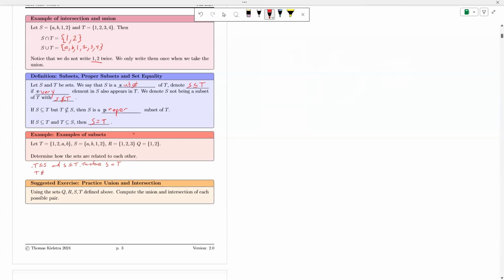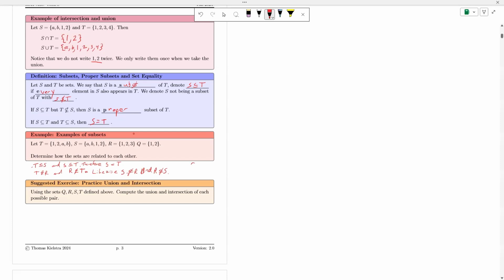Now, if we compare T and R, T is not a subset of R, and R is not a subset of T. Likewise, S is not a subset of R, and R is not a subset of S. Now, what about R and Q, or T, S and Q?